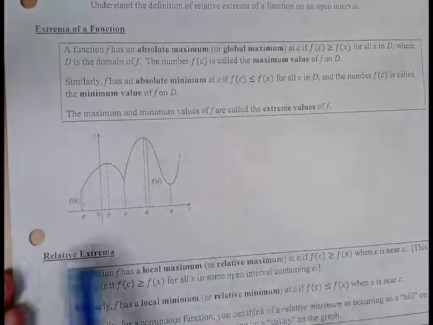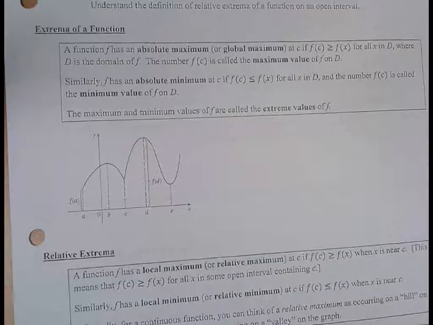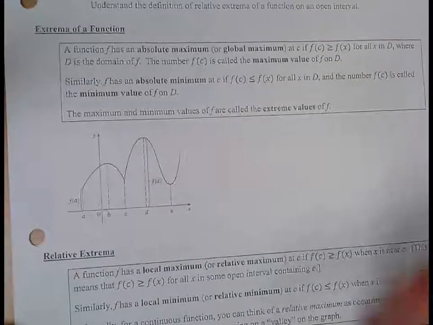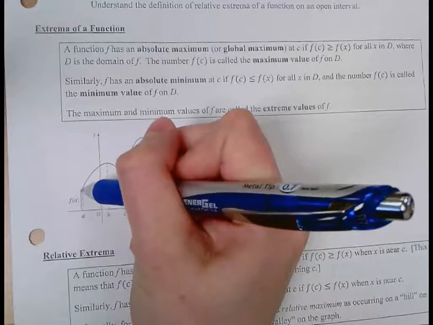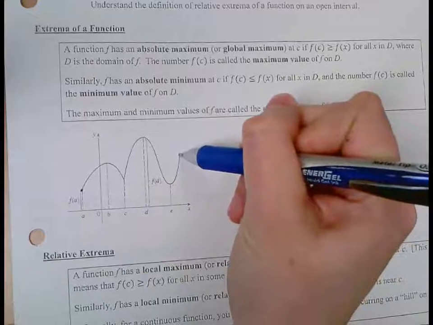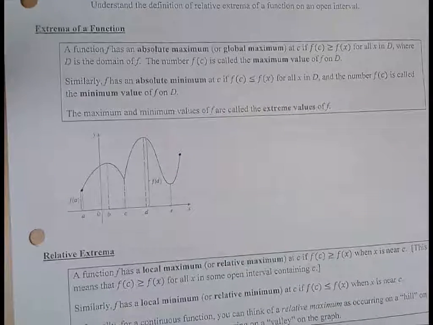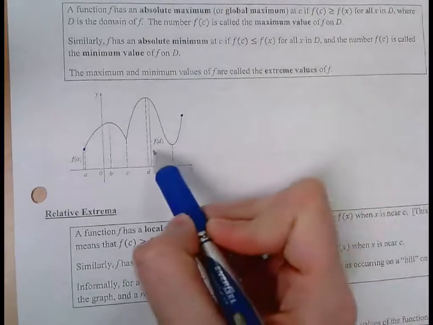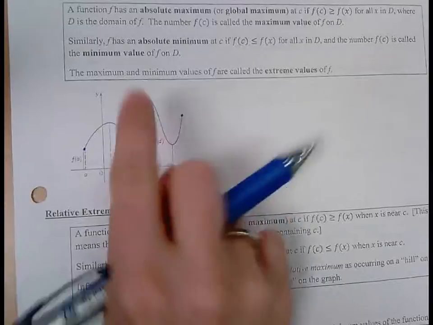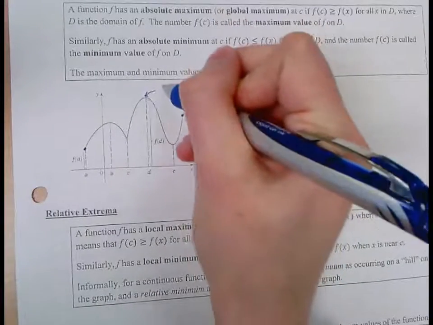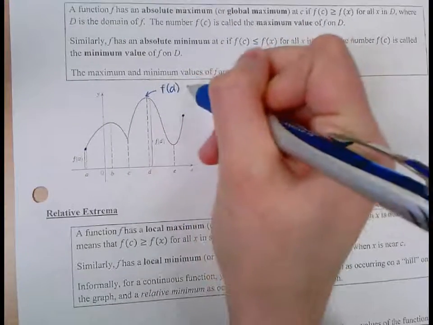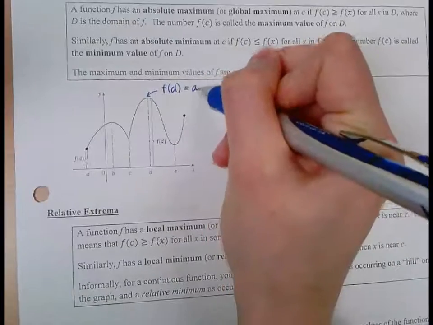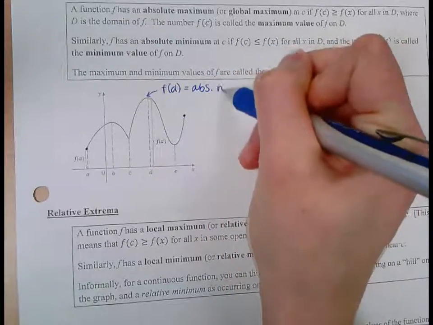So on this diagram that you have here, these ends here would be endpoints. It's not continuing. So there would be an absolute max and an absolute min for this graph. So this absolute maximum would occur at the x value D. So f of D would be, I'm going to just abbreviate, the absolute max.